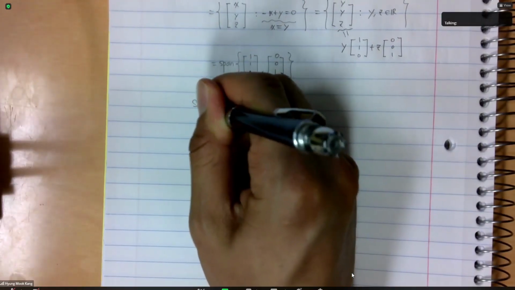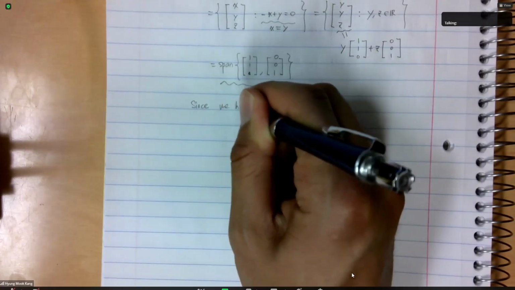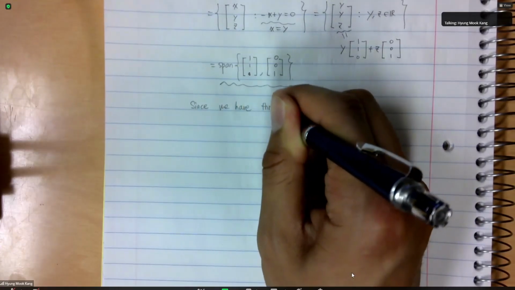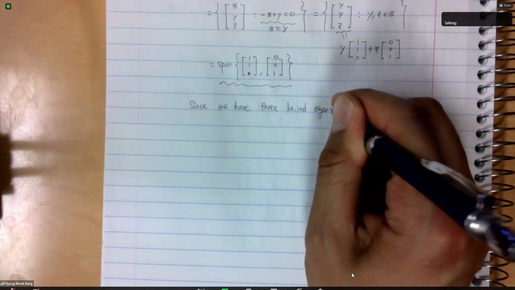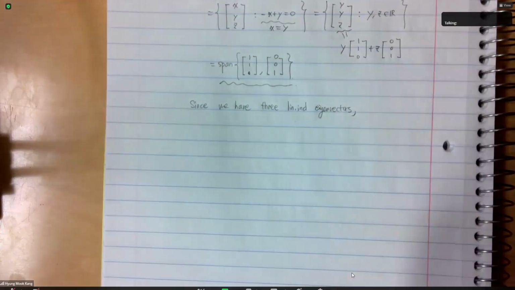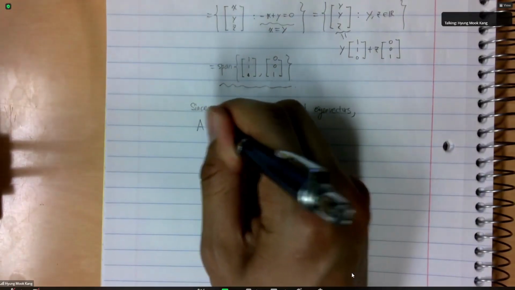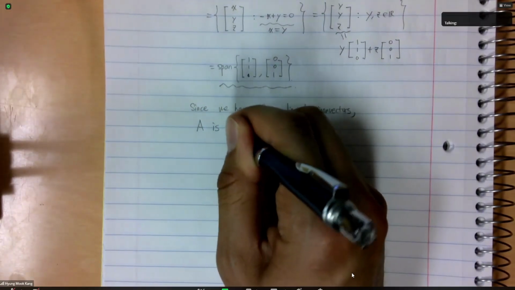We call that the diagonalization theorem, or a name like that in the textbook. Very important. Our conclusion is that since we have three linearly independent eigenvectors, A is diagonalizable.